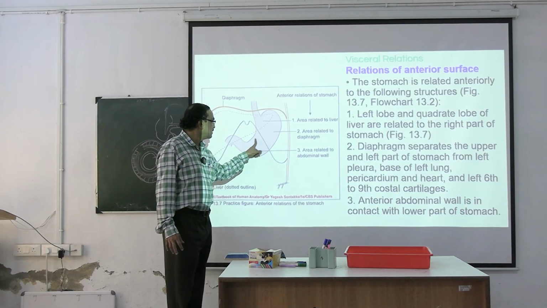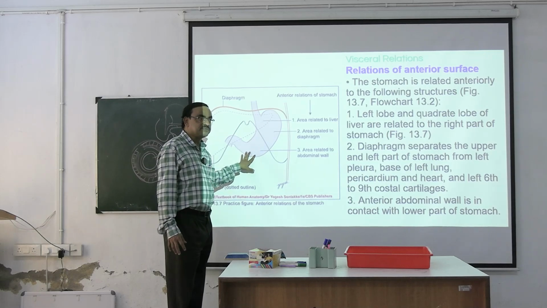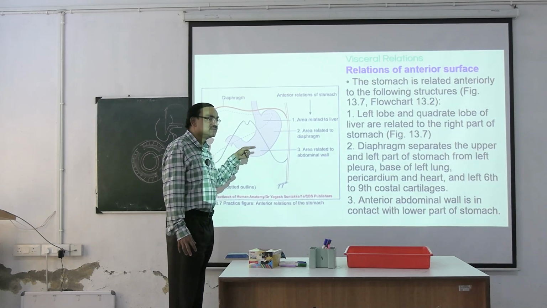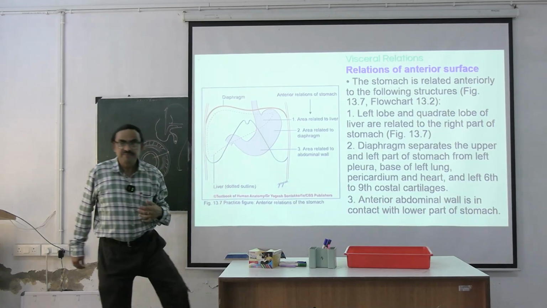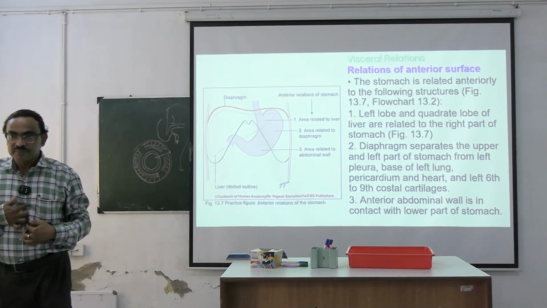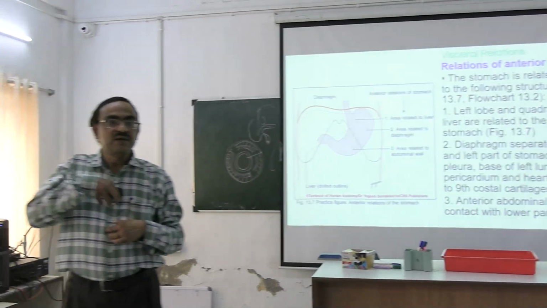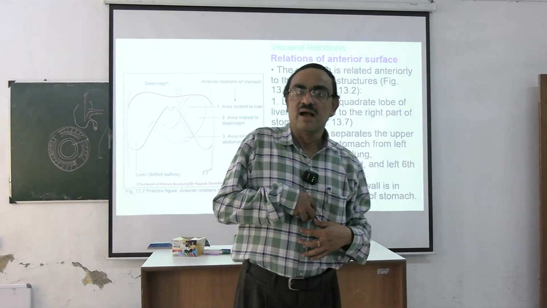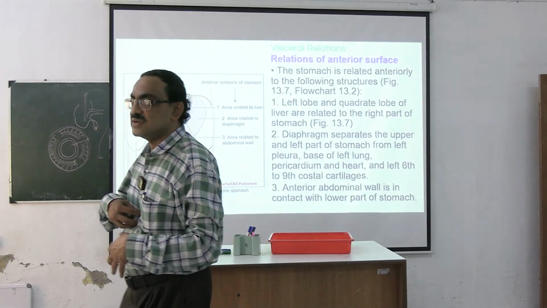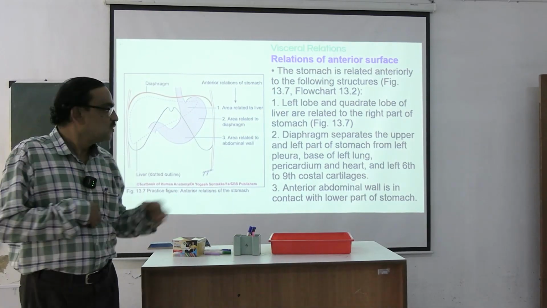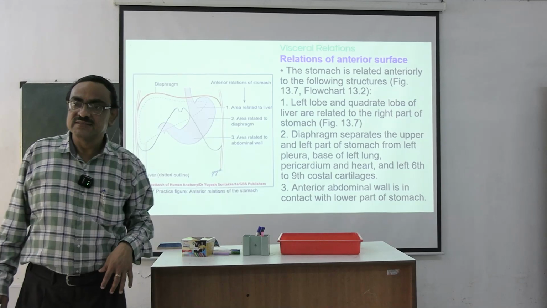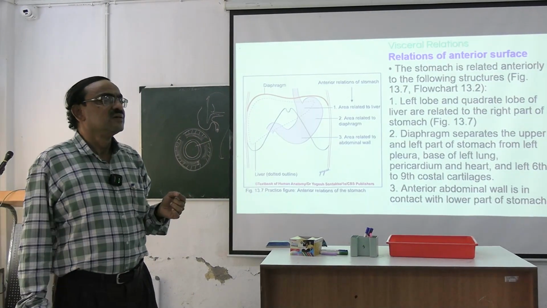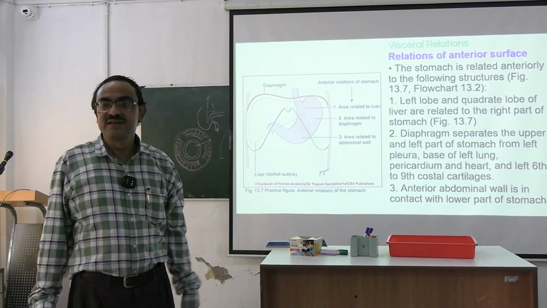If this area is free, then we can introduce a tube. We can give an incision and insert a feeding gastric tube inside. So we can make an alternate channel. That is the importance of the gastric triangle.